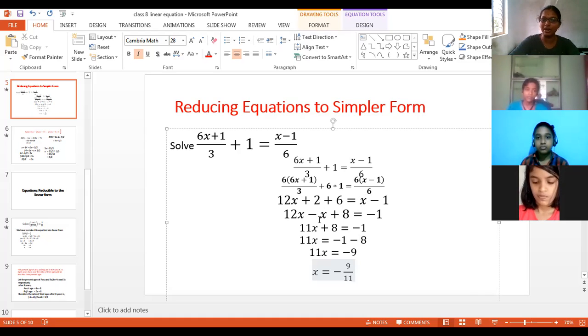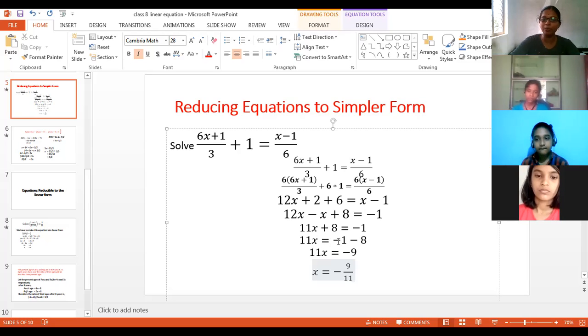Then it becomes minus x in LHS. That is 12x minus x plus 8 is equal to minus 1. And then I have moved this plus 8 from LHS to the RHS. Then 12x minus x is 11x itself. That is 11x plus 8 equal to minus 1.